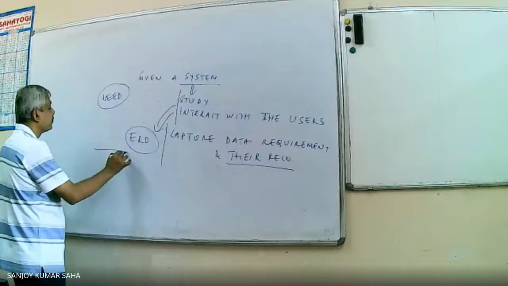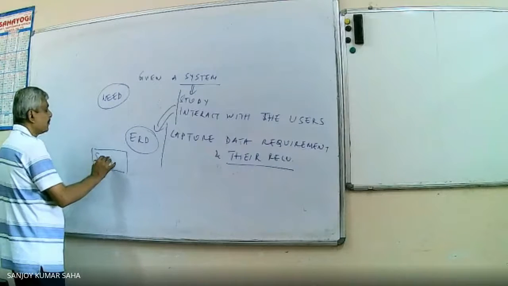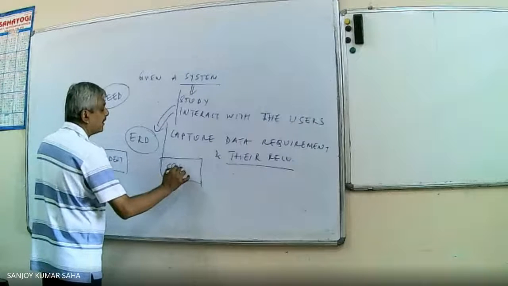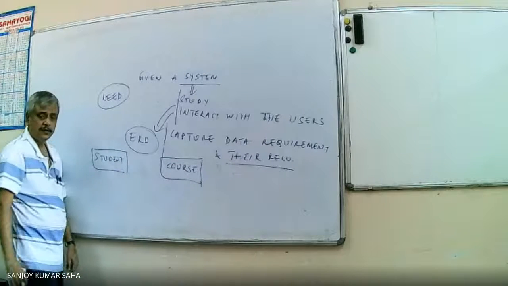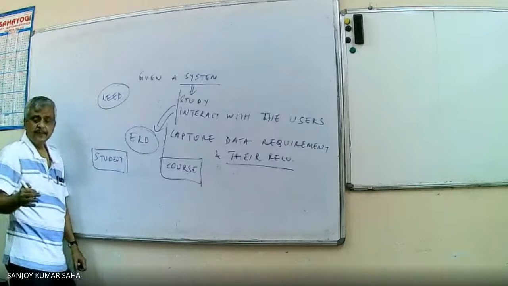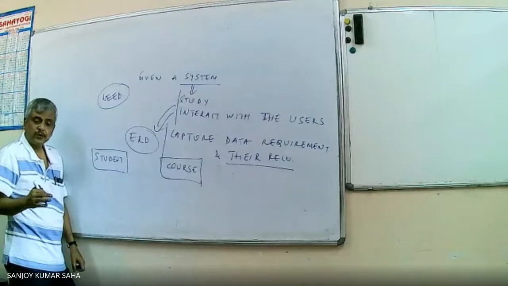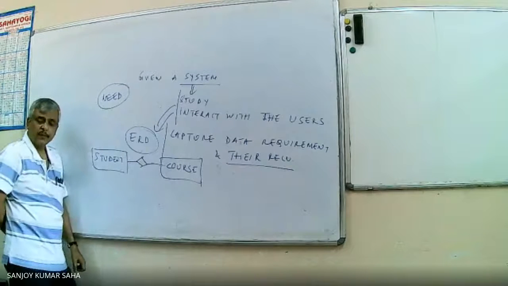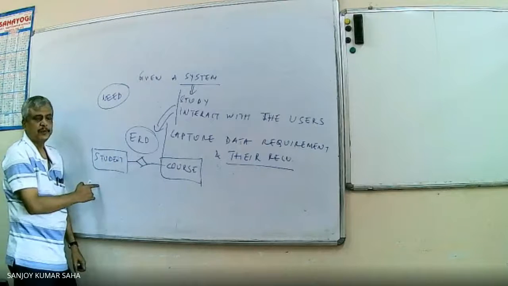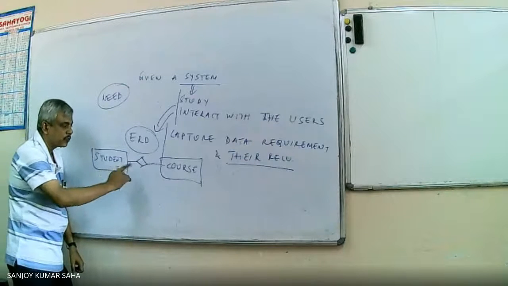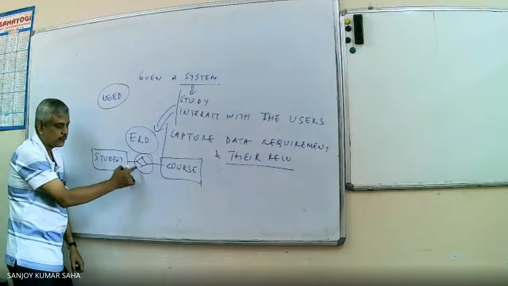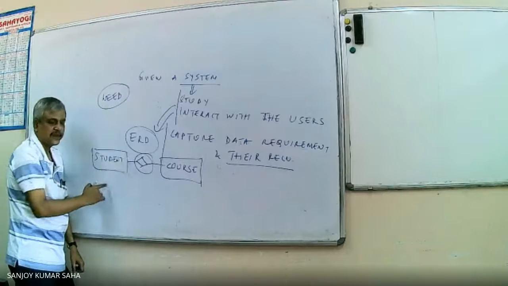So that will force me to impose the relationship. If my system is only to know the details of the students, only to know the details of the courses, that's all, fine. Now if it says that we'll have to say which student is studying in which course, then we can identify that's a requirement, some report we'll have to generate. So I can find out we must have some relation, and think about how we will be mapping this relation so that I can find out which student is studying in which course.